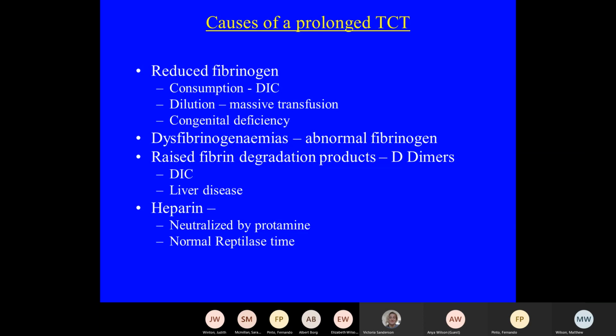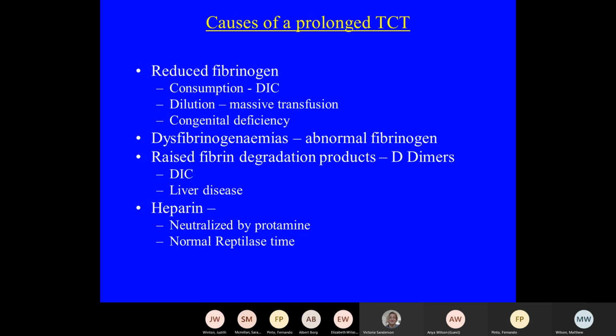Or you've got fibrinogen that doesn't work, in the case of afibrinogenemia or dysfibrinogenemia, or when you have increased fibrin degradation products in the case of DIC, or you have liver disease.